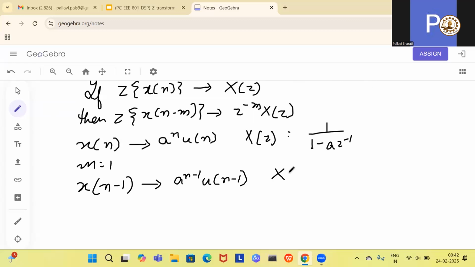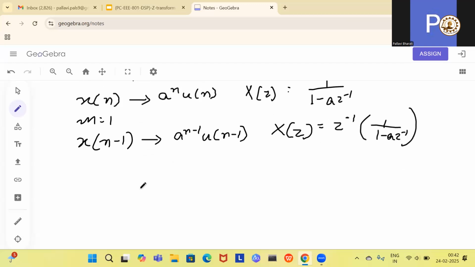What will be the Z transform then? According to this one, z to the power minus m X(z), z to the power minus 1 times X(z), is this full thing, 1 by 1 minus a z inverse. So this is your Z transform.